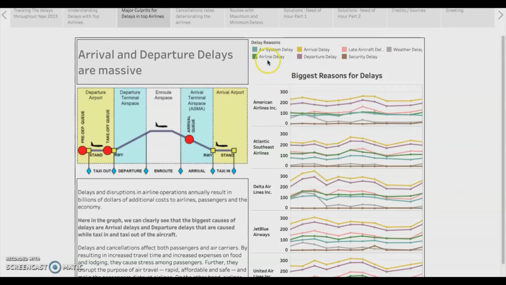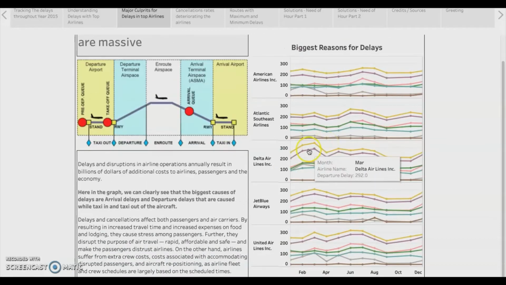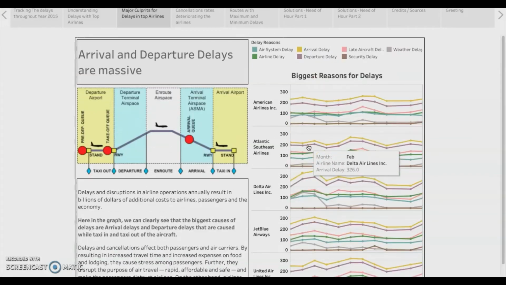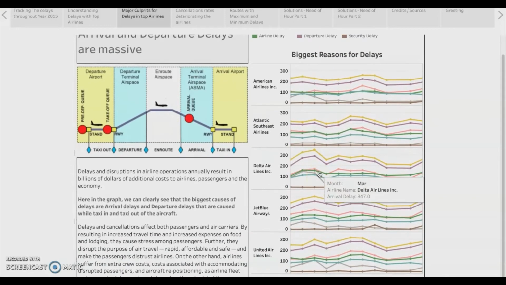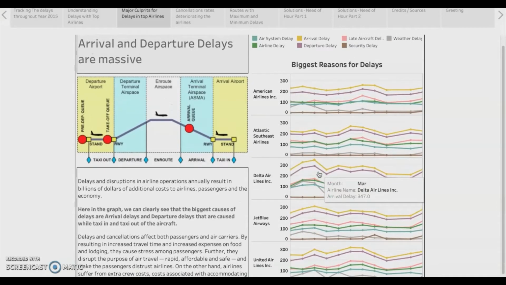The delay reasons are air system delay, arrival delay, late aircraft delay, weather delay, airline delay, departure delay, and lastly, security delay. But if we see a pattern here, the arrival delay and the departure delay have the highest frequency in all the airlines that we have considered.